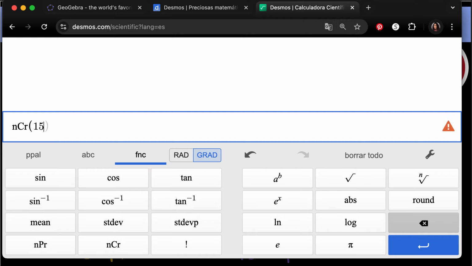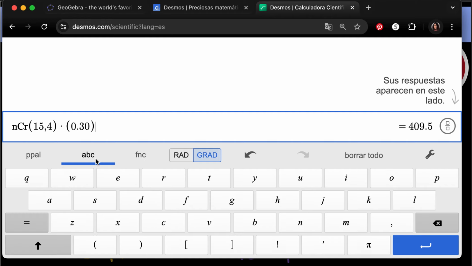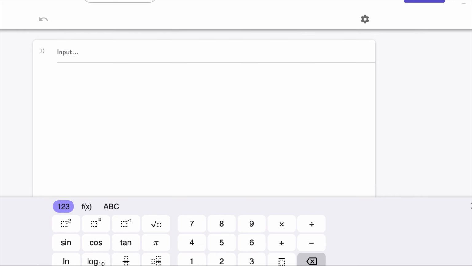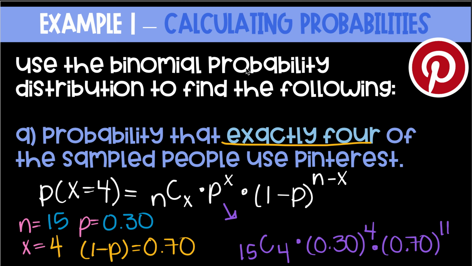I want out of 15 how many ways I can group 4, times my probability of success, 0.30, raised to the power of 4, because I want 4 successes, times the probability of failure, which was 0.70, raised to the power of 15 minus 4, 11. 0.2186 is my probability of getting exactly 4 people being users of Pinterest out of those 15.